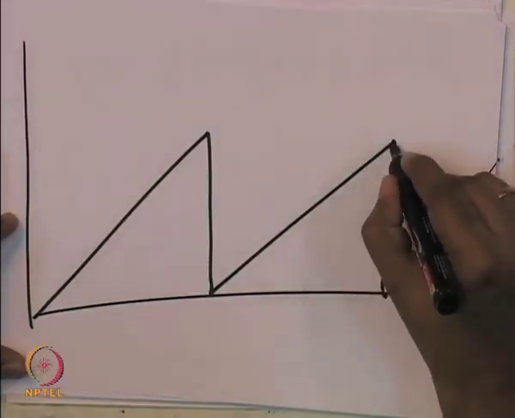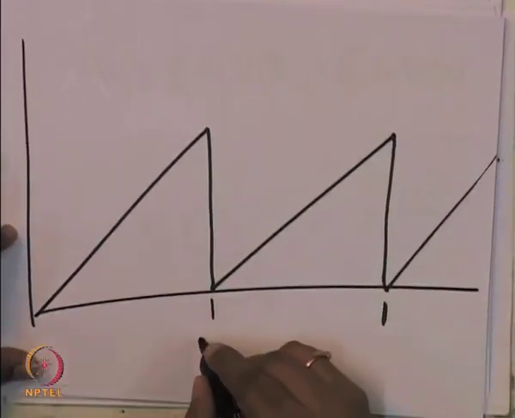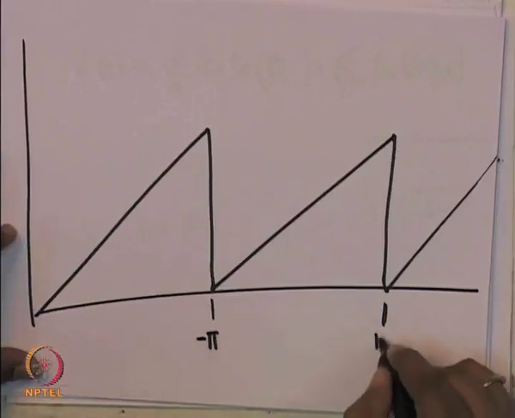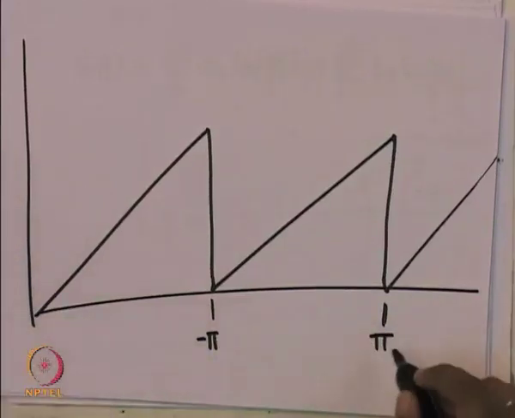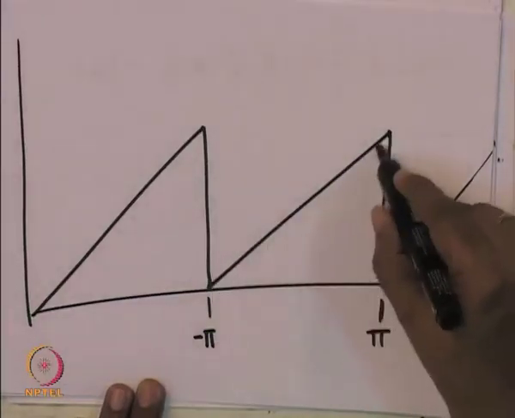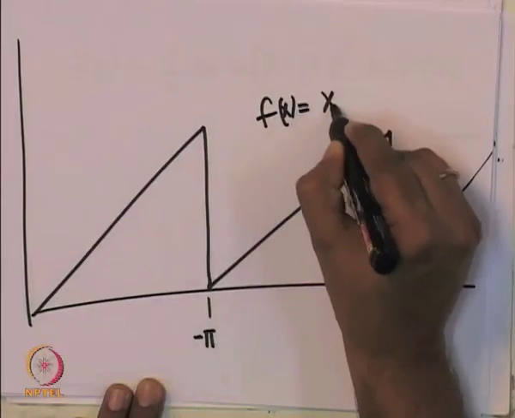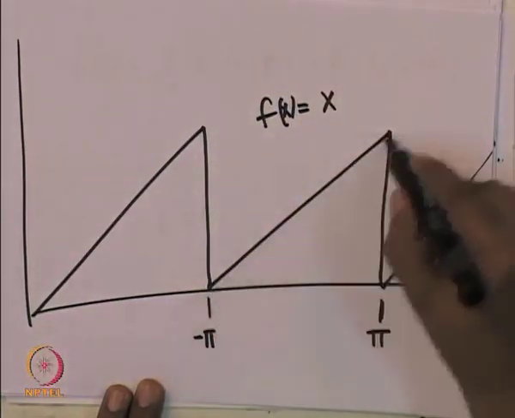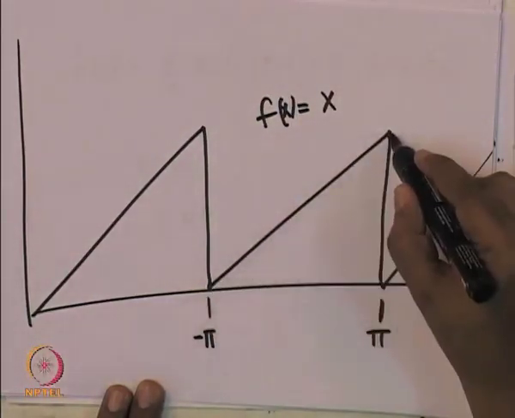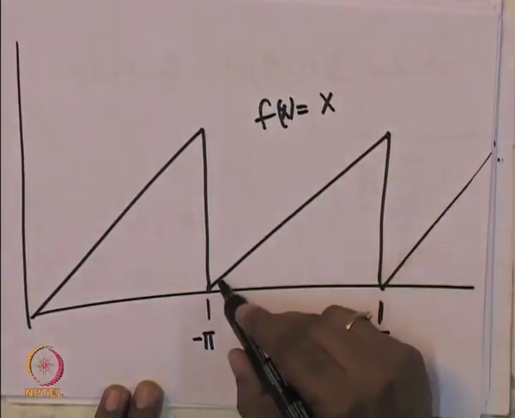If you take these two points, let us call them minus pi and plus pi, then between minus pi and plus pi our function goes like a line. This is f(x) between minus pi and pi.